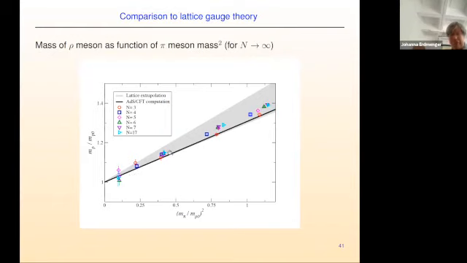Regardless of what this value of n is, here, for instance, if you look at this dot, they're almost all on top of each other. And this is another example of universality. So it seems to be the case that the result doesn't depend on this n. So if the result doesn't depend on n, then any theory for any n can describe the physics.